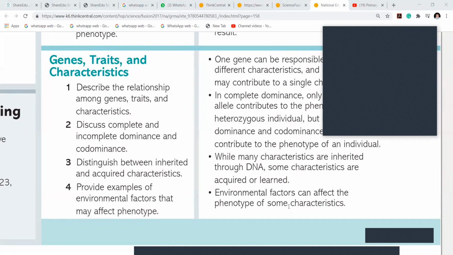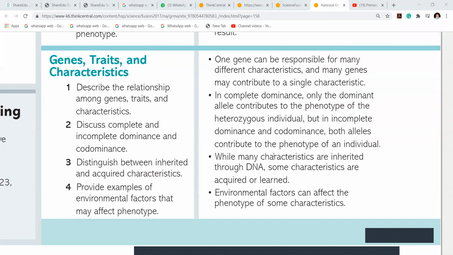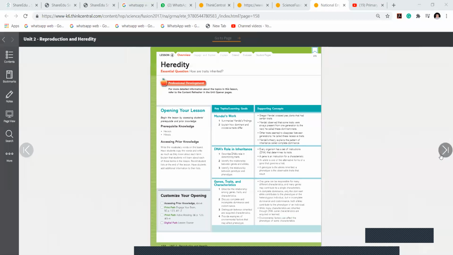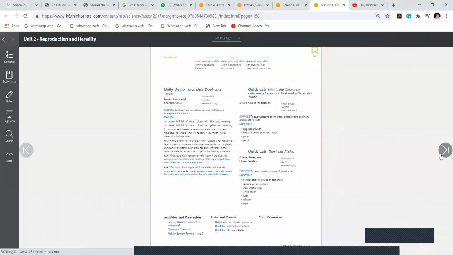The answer, right side. Environmental factors can affect the phenotype of some characteristics. So this is all we have learned in heredity.